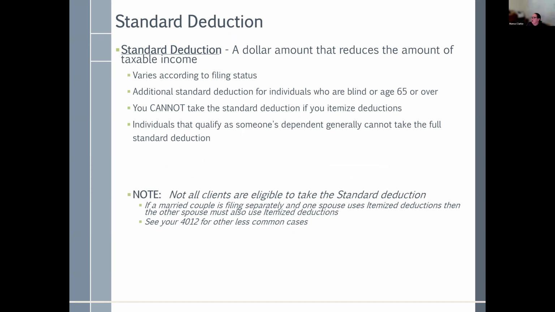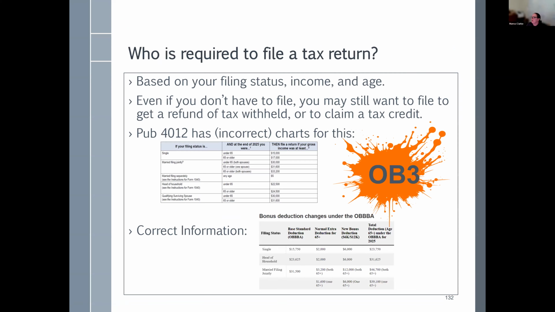But for most of the folks that we help, they can, and this will be the best thing for them. If you remember, this is one of the ones where I showed you these two charts before when I talked about the OB3. Basically, the 4012 currently has the incorrect charts saying that if you're single and under 65, then file if your income was at least $15,000, which is that standard deduction.